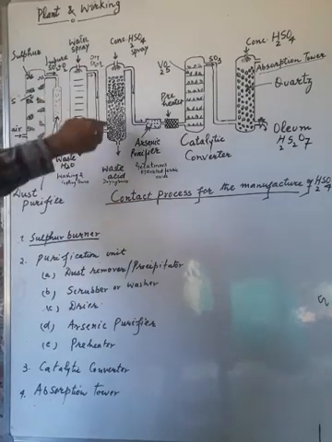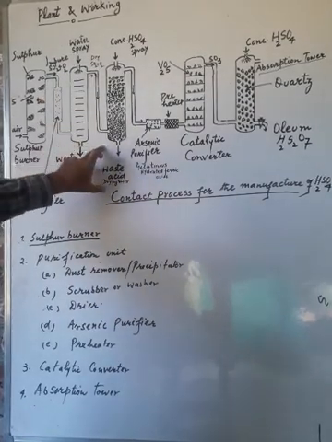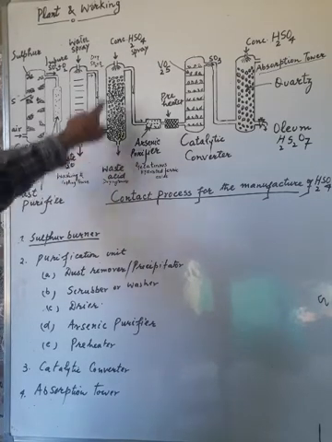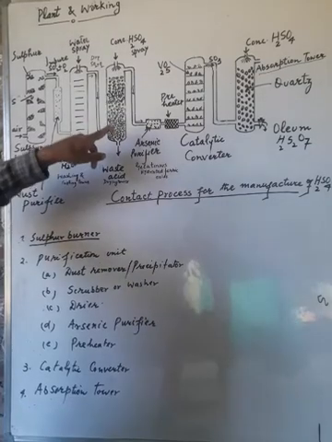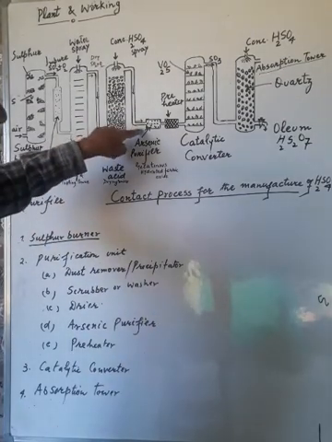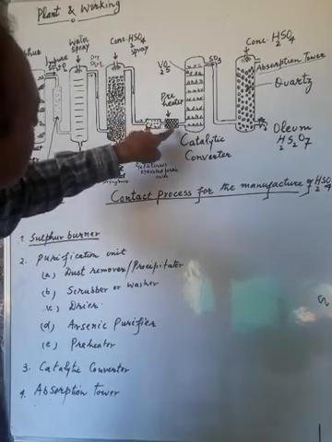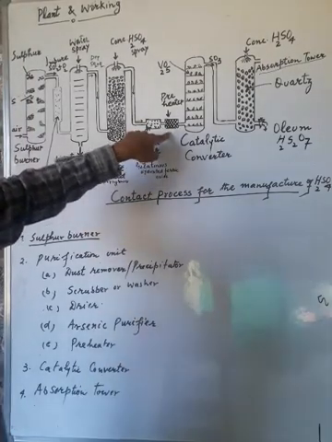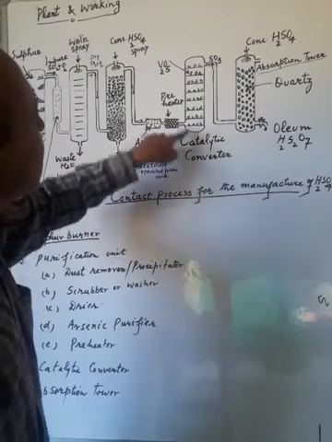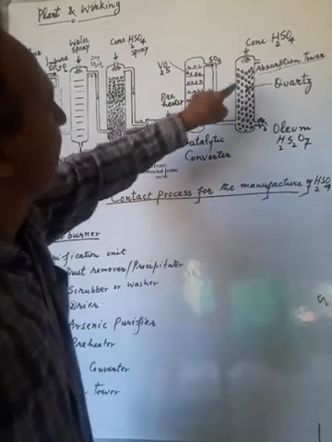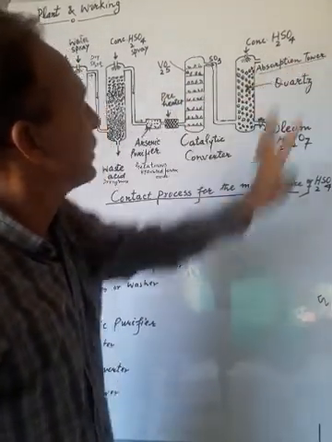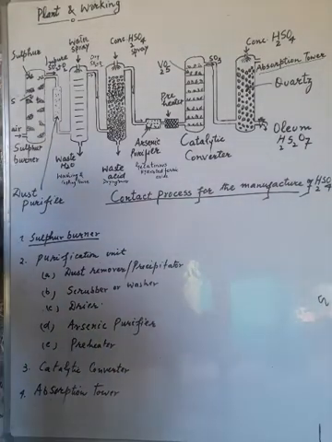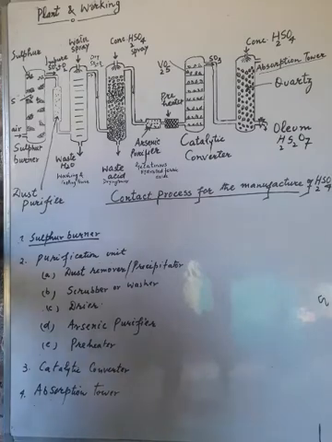Next, it is connected to the drying tower, and this drying tower is then connected to the arsenic purifier, which then is connected to the preheater, and after the preheater we have the catalytic converter. This is the catalytic converter, and then we have the absorption tower. Now I will explain the function of these parts one by one.